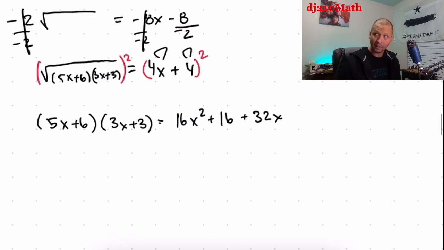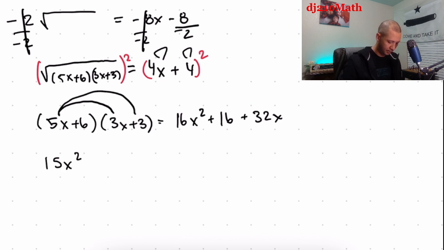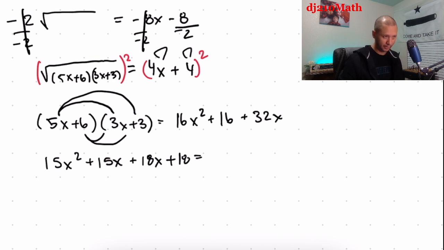All right, left-hand side, we're going to FOIL this out. So let's distribute. So this is going to be 15x squared. Outer is going to be 15x. Inner plus 18x. And then last plus 18. Again, equals, and I'm going to rearrange these in descending order to make it easier to look at.